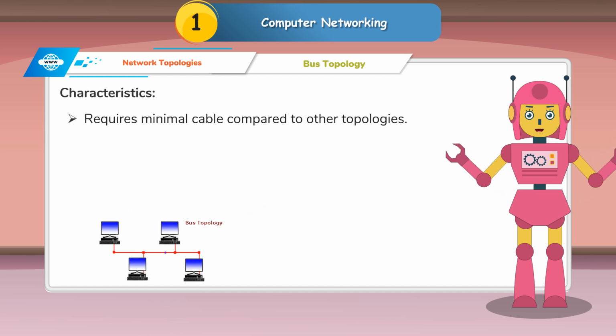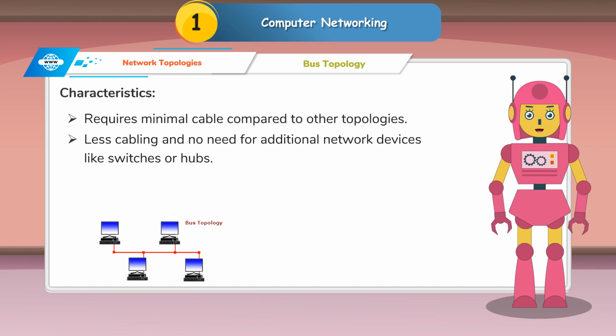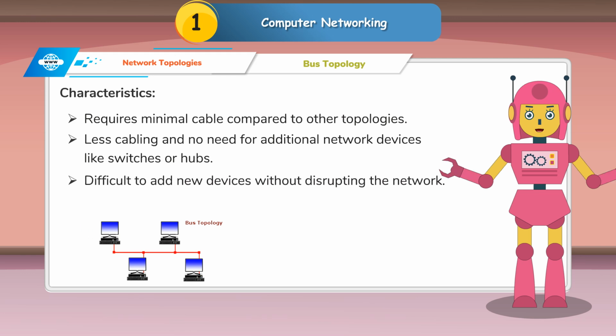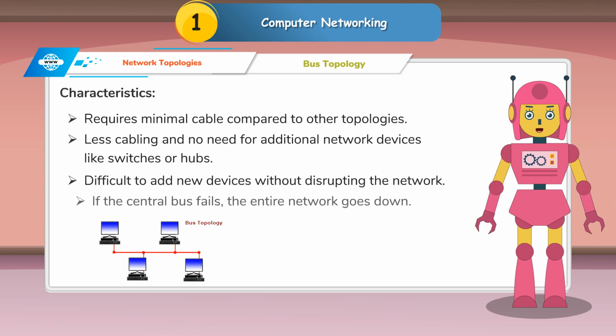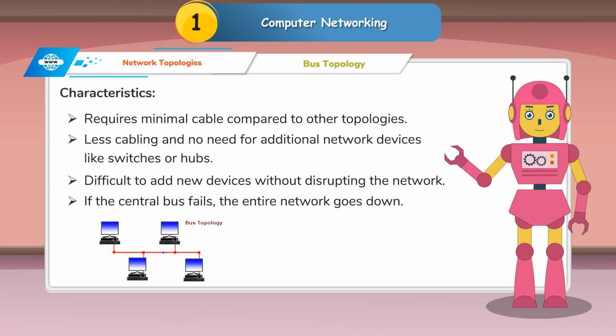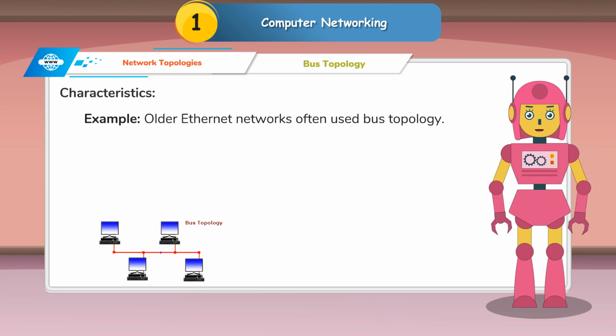Characteristics: requires minimal cable compared to other topologies, less cabling and no need for additional network devices like switches or hubs. Difficult to add new devices without disrupting the network. If the central bus fails, the entire network goes down. Example: older Ethernet networks often used bus topology.